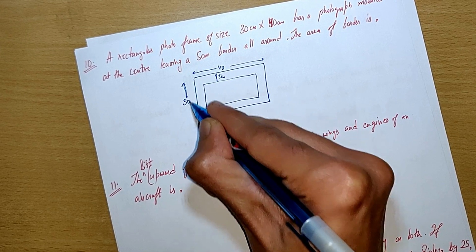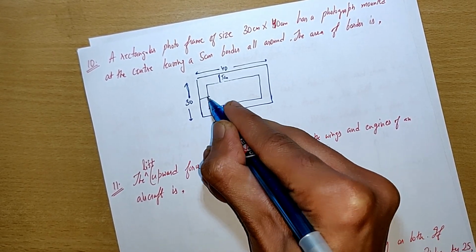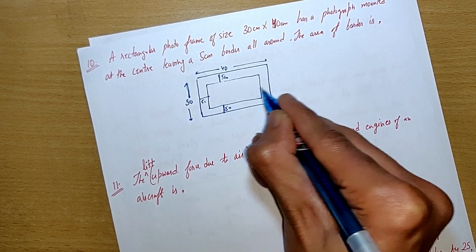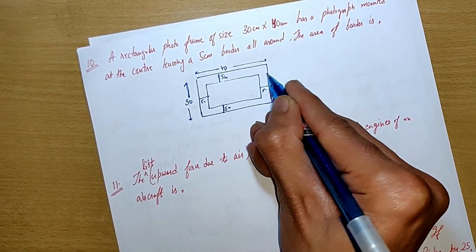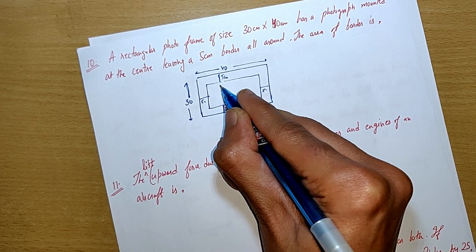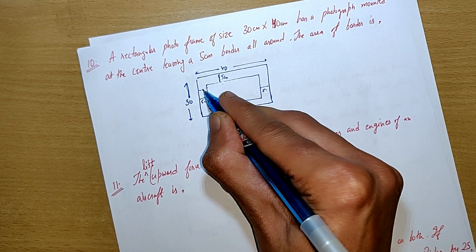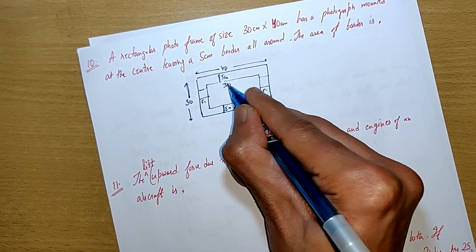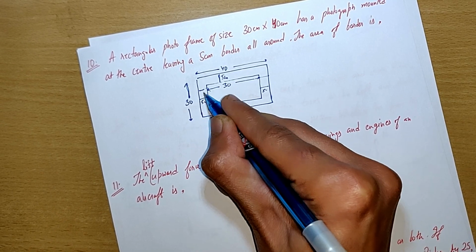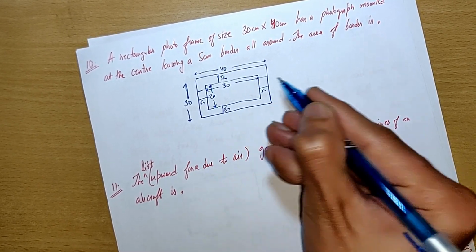So 5 cm is the border on each side, so 5 cm would be cut from both sides. So from 40, minus 5 here and 5 here, it would be 30. Similarly, from here it would be 20.